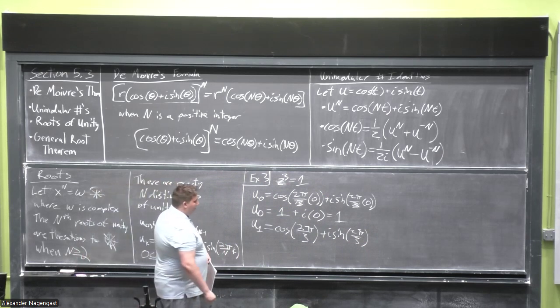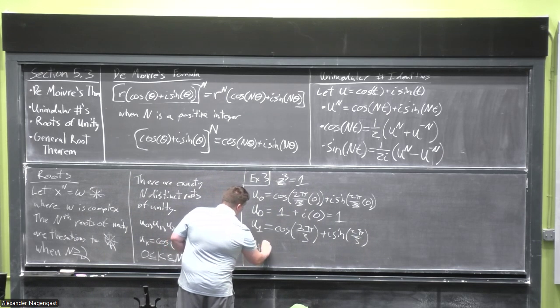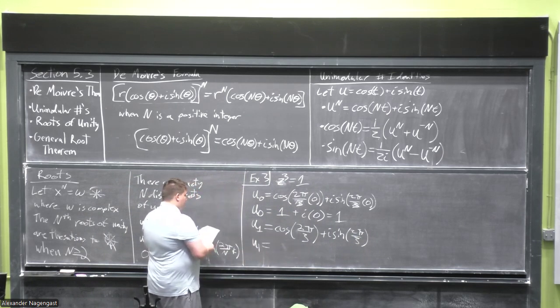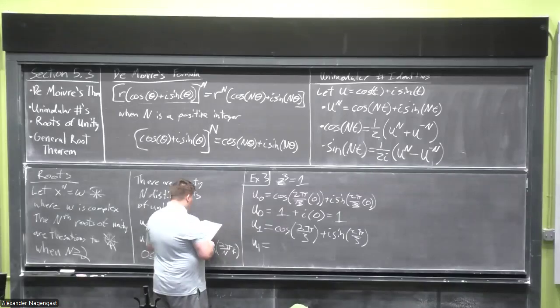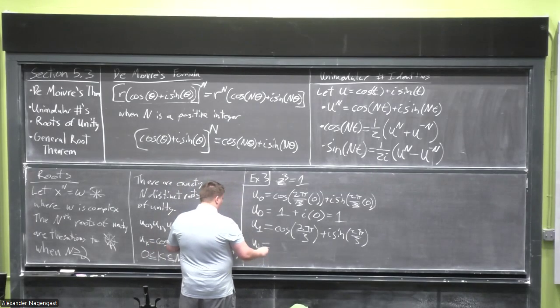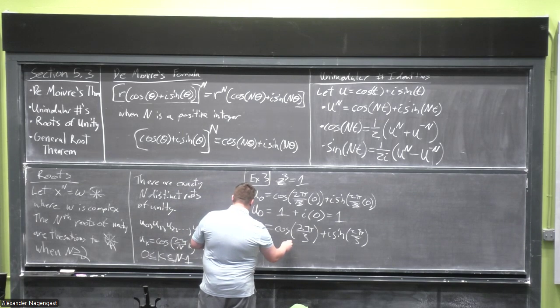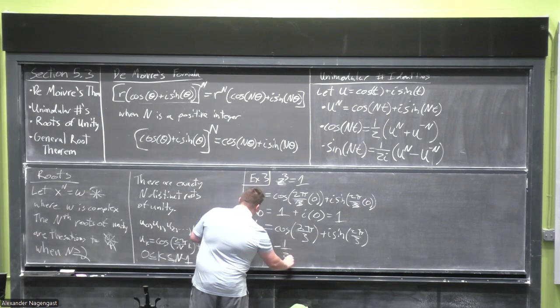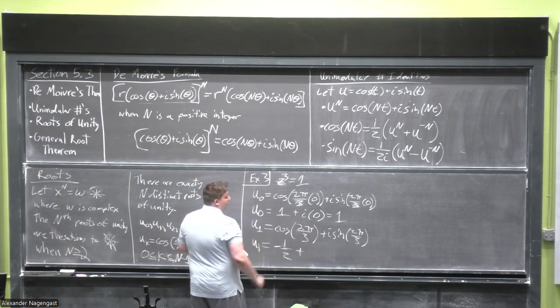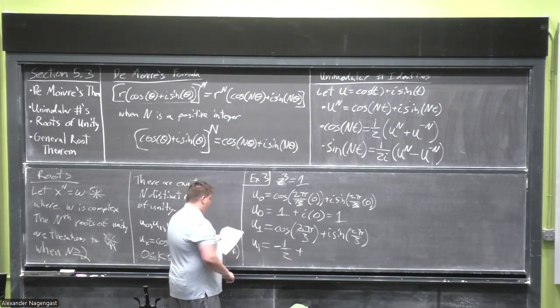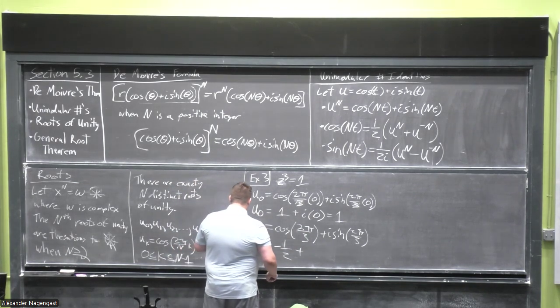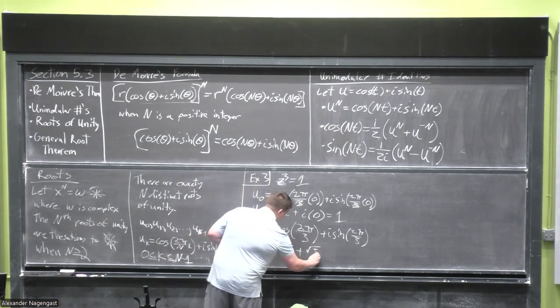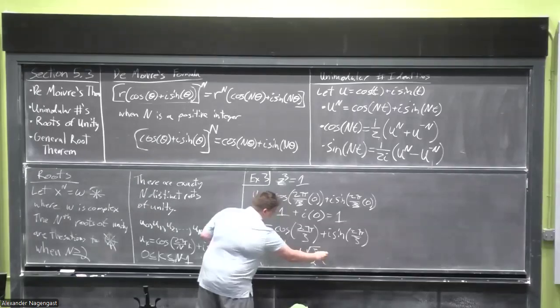And now we think of cosine of 2 pi over 3, that is, lost in my notes, negative 1/2, plus, and here sine of 2 pi over 3 is square root 3 over 2, and we attach an i.